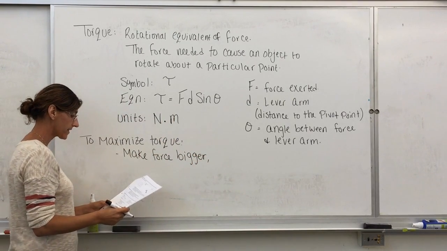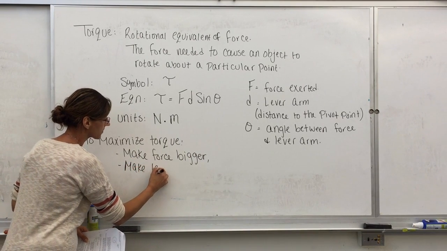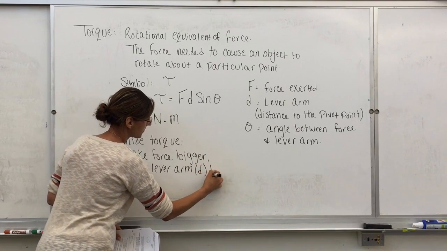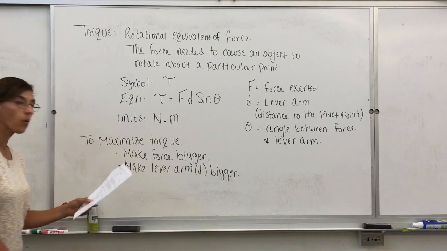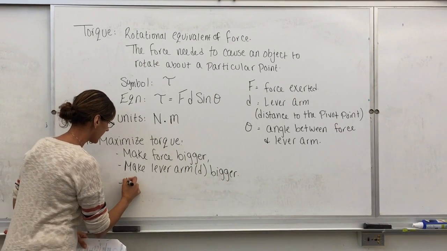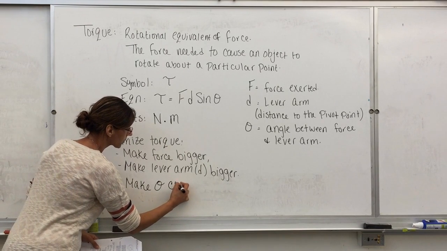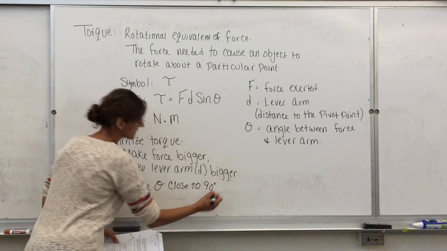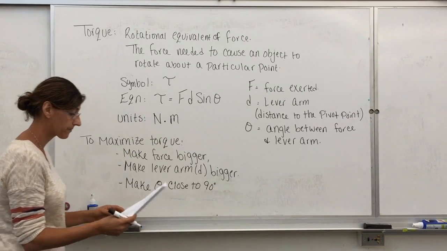We can increase the distance, so make the lever arm, it's the distance, bigger. Or we can make the angle, theta, close to 90 degrees because sine of 90 is the largest value, which is 1. Okay?